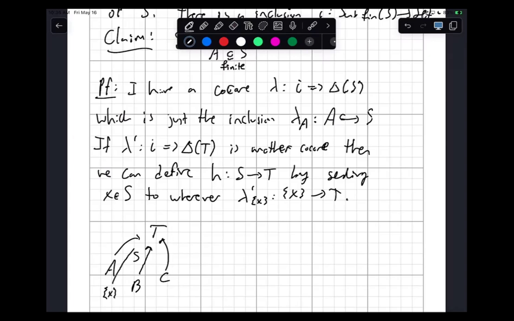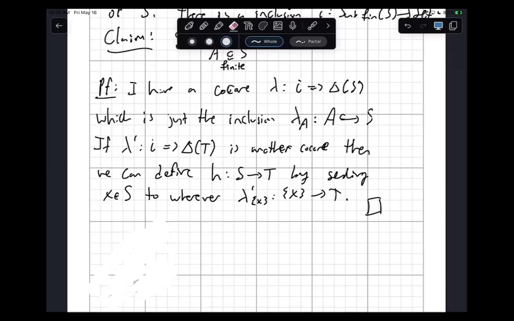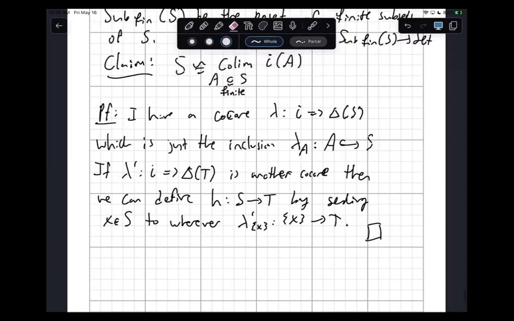So that means I have to know where to send a singleton into T. But then to define a map from S to T, all I have to do is define it on the singletons. But I already have a cocone, I'm done. Okay. So that means that every set is the colimit of all of its finite subsets. This is the property I want to abstract for locally presentable categories.